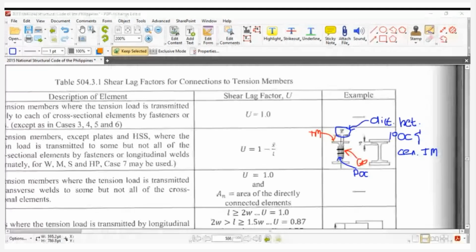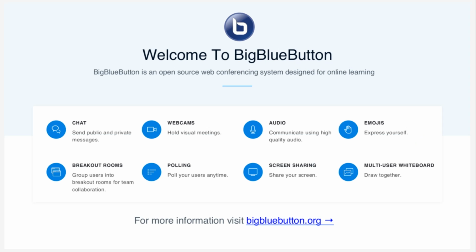So do you have any questions as to how we determine X bar so far? Any questions? None. So okay.